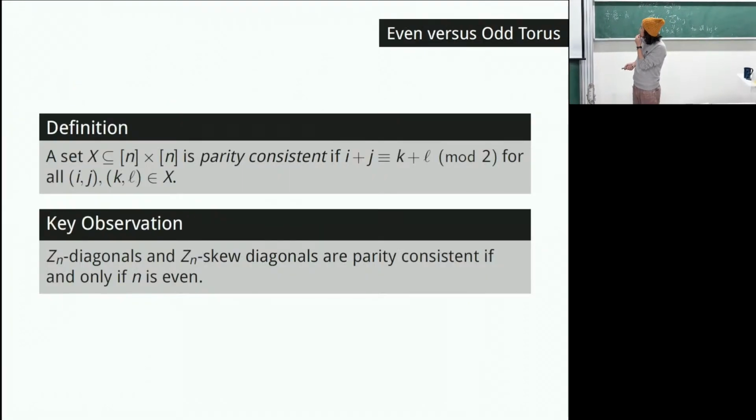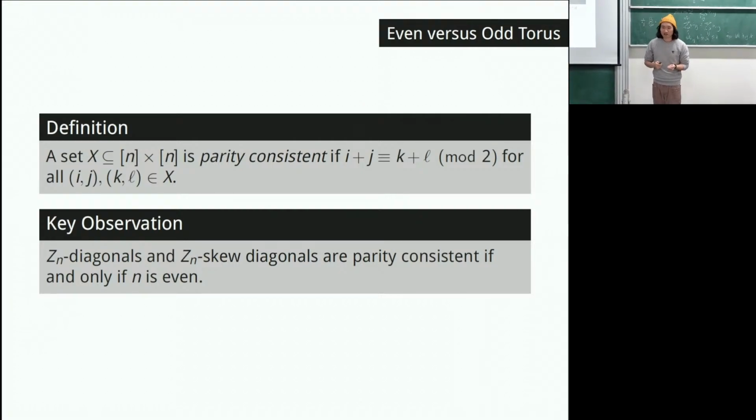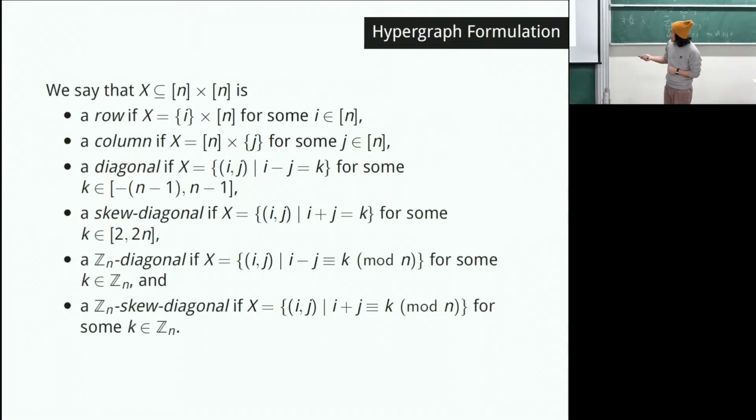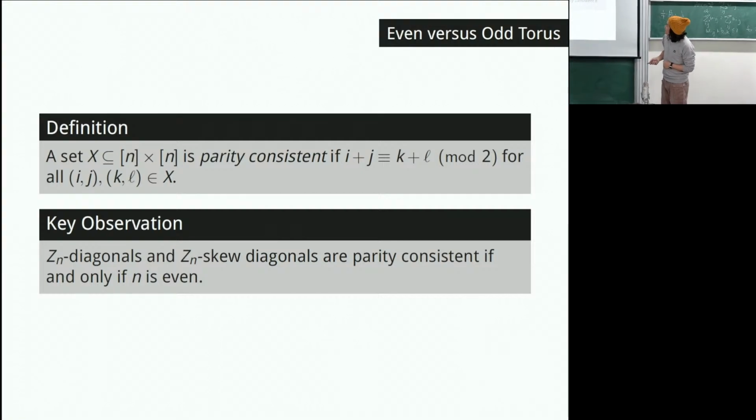But let me first say that this explains why there's a difference between the odd torus and the even torus. Once we see the definition of these hyperedges, you'll note that the even torus enjoys a property that the odd torus doesn't.